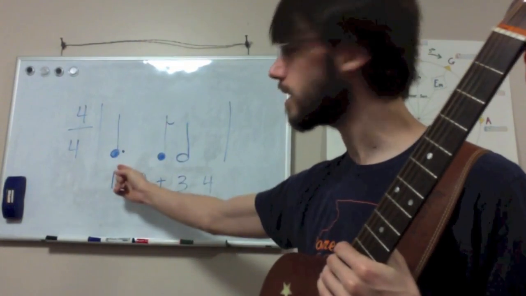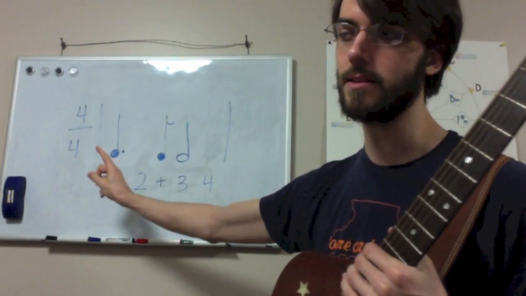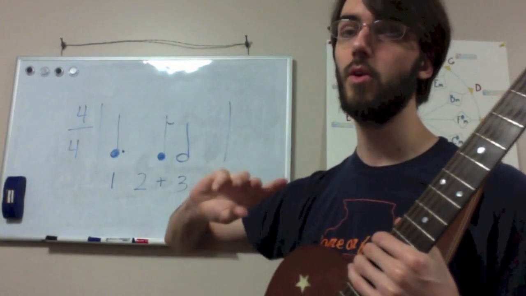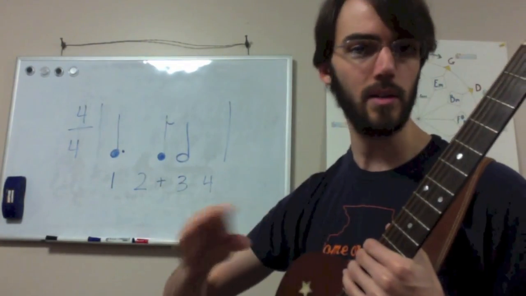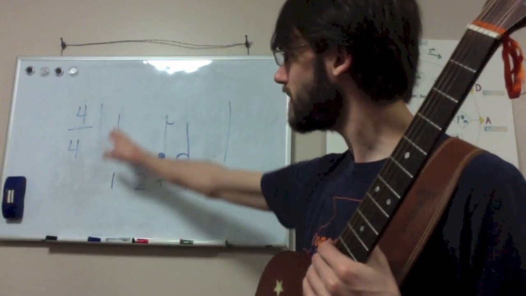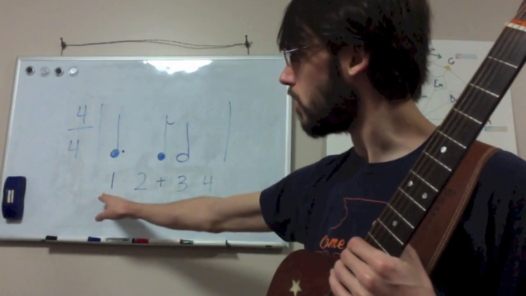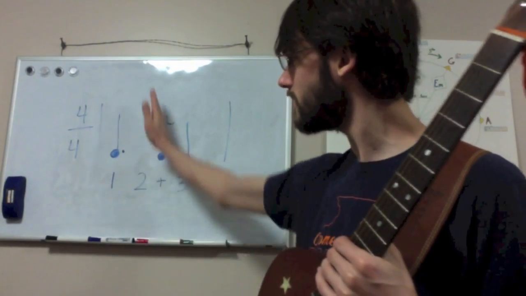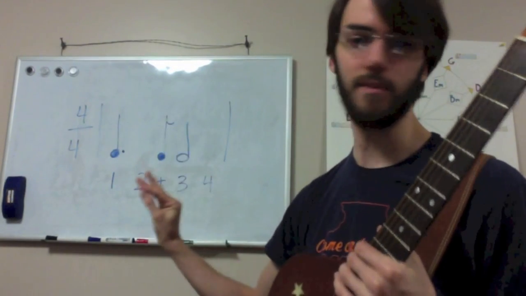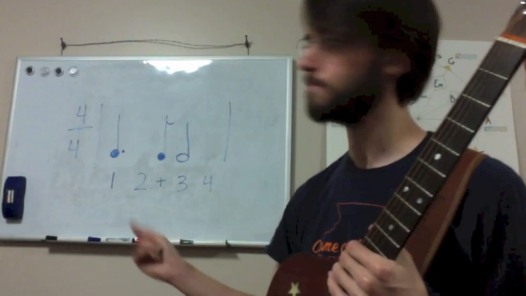At the very beginning I put a quarter note and then I dotted it. So now it is no longer 1 beat long, it is a beat and a half long, so it's a little bit longer. So that means that that dotted quarter note takes up all of beat 1, as it would normally do, and the first half of beat 2.